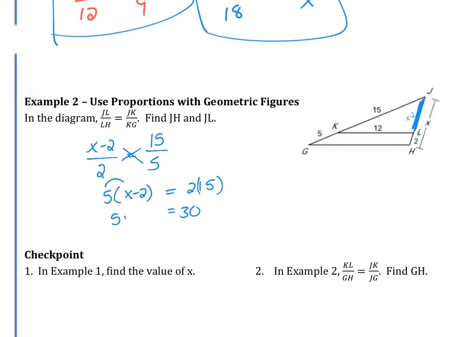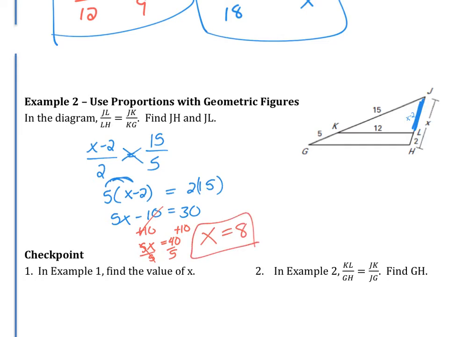And the other side is 5x minus 10. And then we got to solve. So we would add 10 to get 5x equals 40. And then divide by 5. So x equals 8. So we found x.